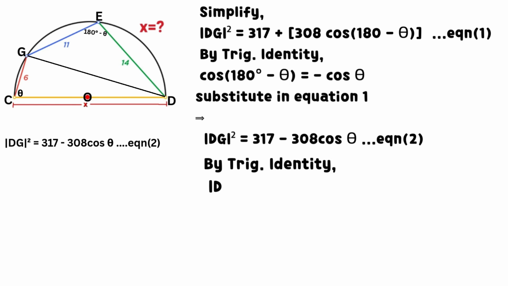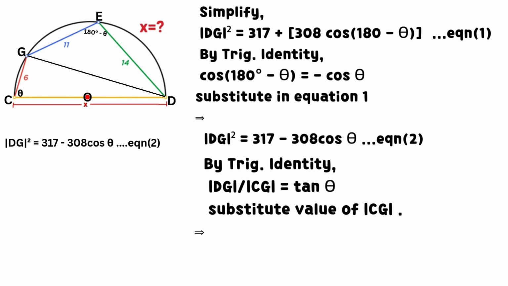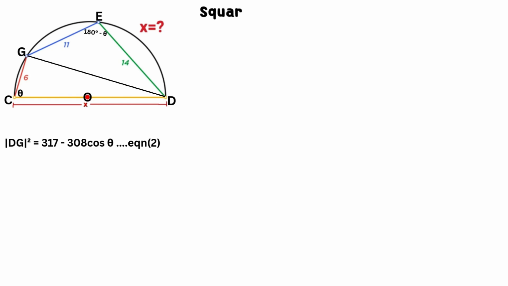By trigonometric identity, line DG divided by line CG equals tan theta. Substitute the value of line CG. It follows that line DG divided by 6 equals tan theta. We call it equation 3. Square the equation.